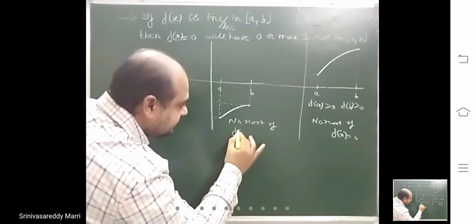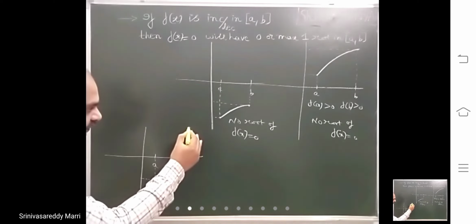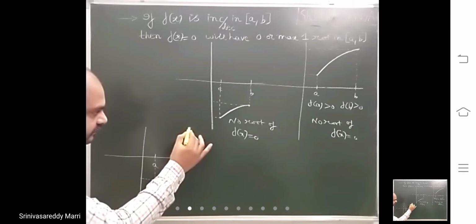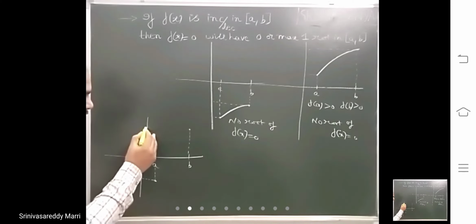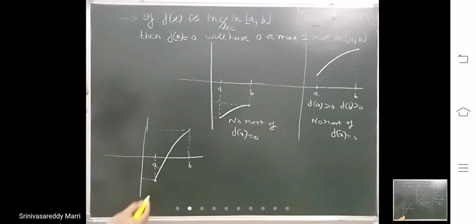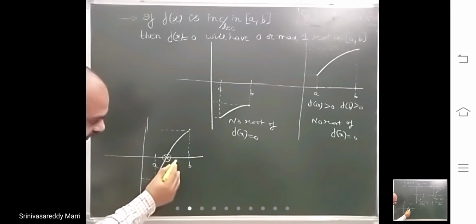Suppose the graph is like this, look at. F of A negative. Here point will be f of B positive. Right? From here to here, if we connect, then what happens? There is a root here. There is a root alpha.